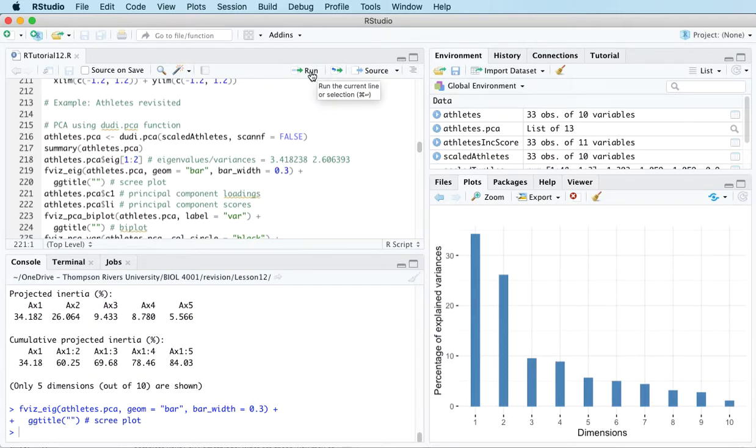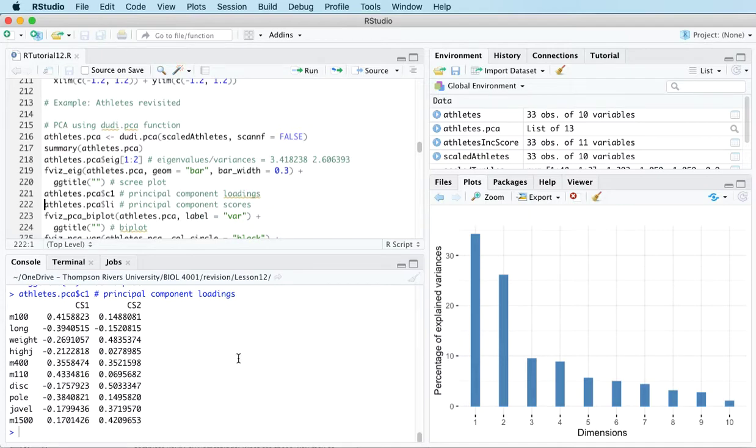We talked about the loadings last time. If I look at the loadings for the first two principal components, I'm actually going to redo that, but round these numbers so that we don't get too distracted with all those decimal places.